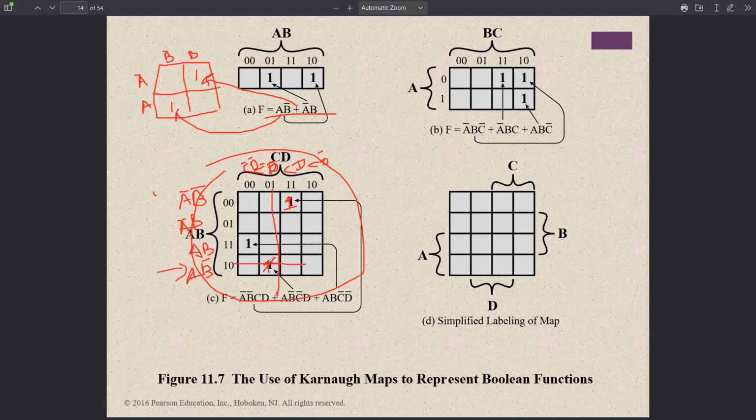So it is cross here, then this here. And A B, C bar, D bar. AB is this whole row, and C bar, D bar is this whole row. It is cross here, that means this cell. Right.